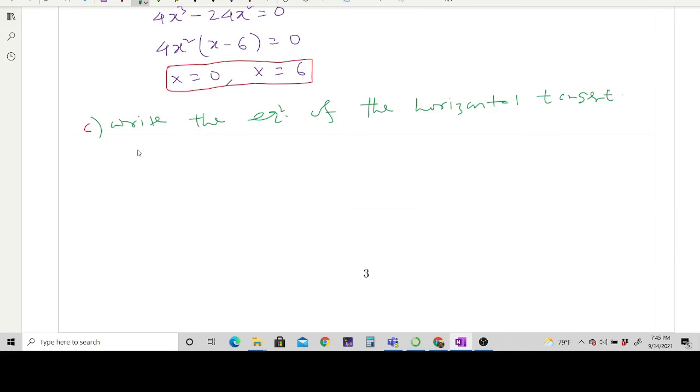So the first case is x equals 0. If x equals 0, then you find y1. So f of 0, you plug into the original equation.